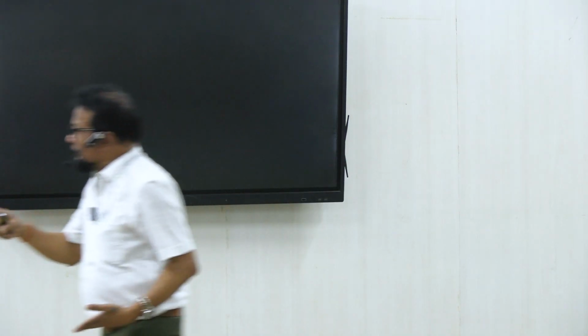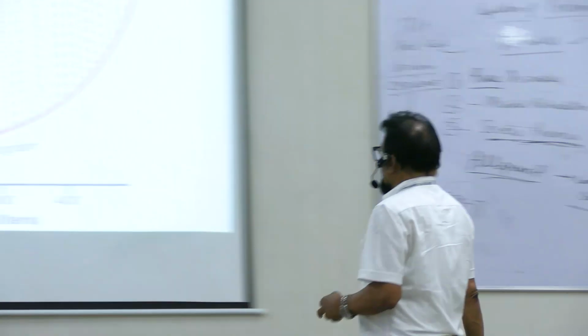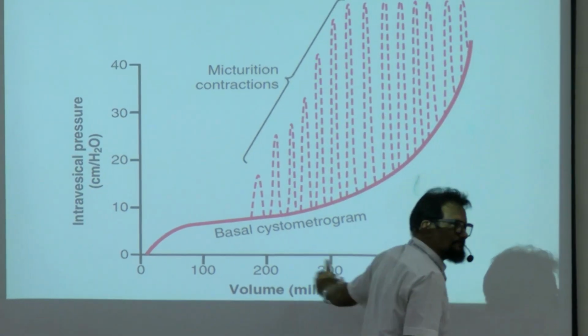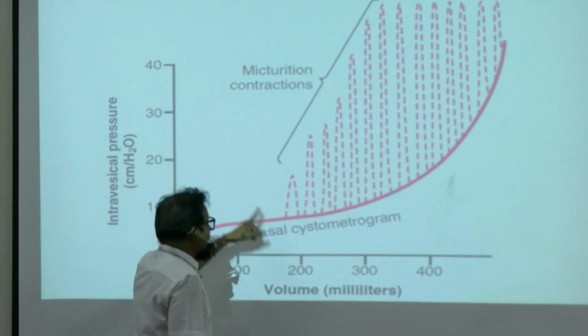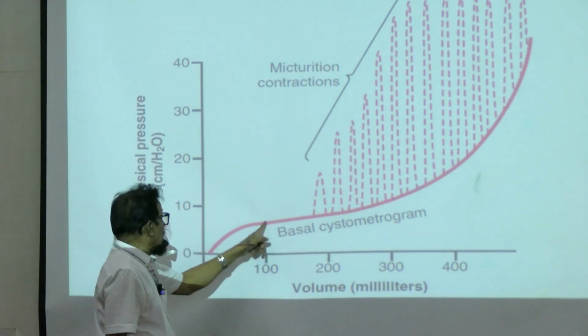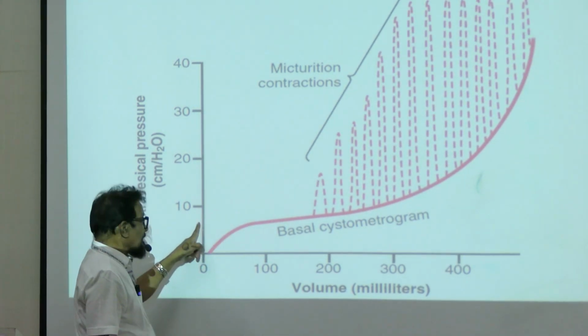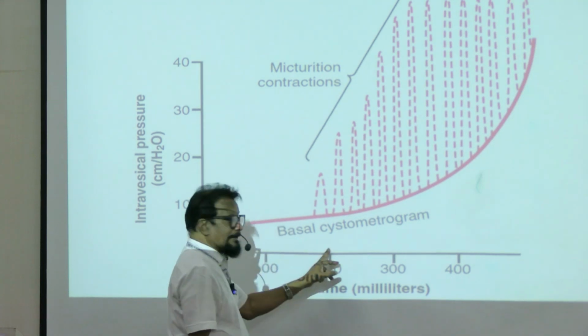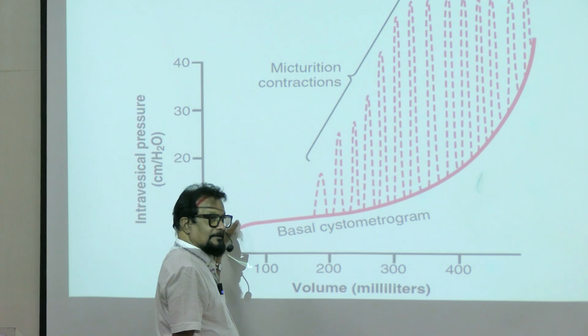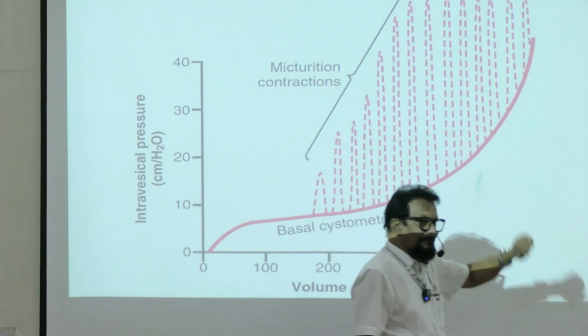Another 50 ml; what is the pressure now? Recorded. In this way, you record up to 450, 500, 600 ml of fluid. When you added 100 ml, this is the pressure. When the fluid is 200 ml, this is the pressure. So in this way, you recorded it.